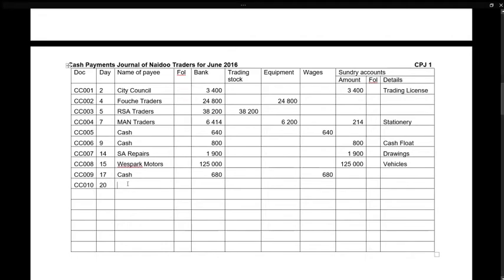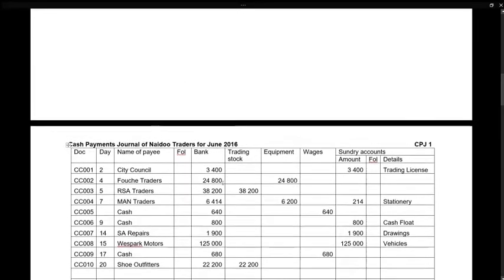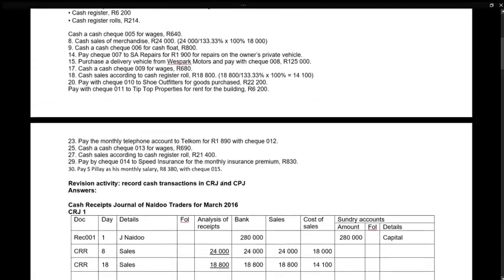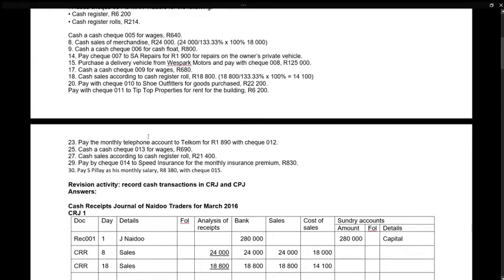Details will be Shoe Outfitters. Right, and the amount that we paid to them was 22,200 Rand for trading stock. Done.